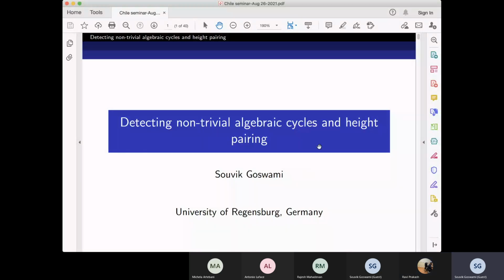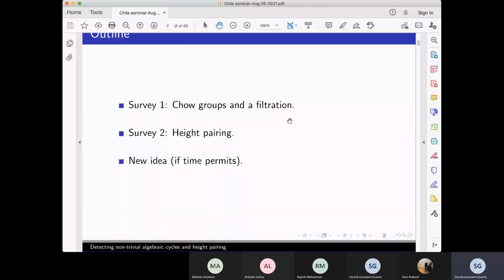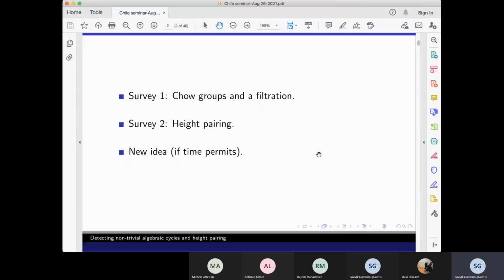Broadly, there are three topics today: Chow groups and a filtration on the Chow groups, height pairing, which we will have some time to discuss, and the new idea only if time permits. The main point is to give an expository idea about Chow groups and height pairing.